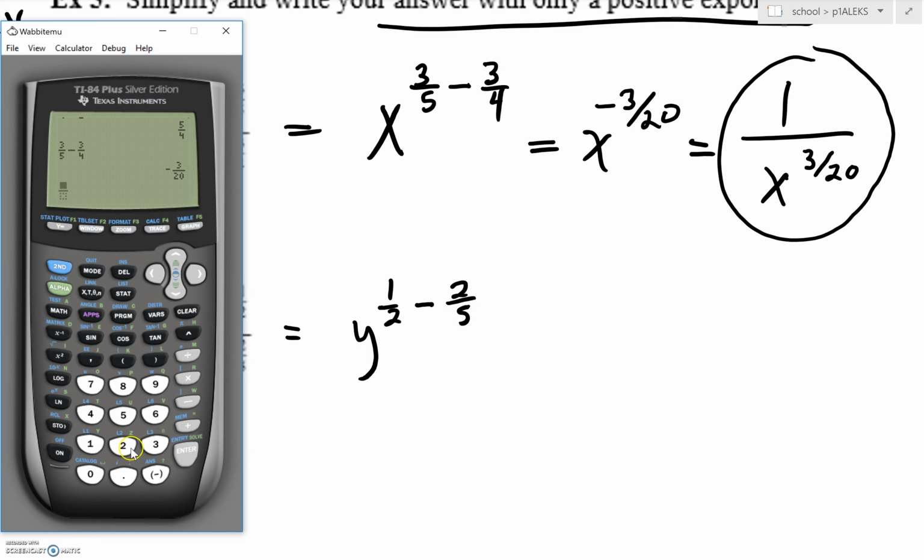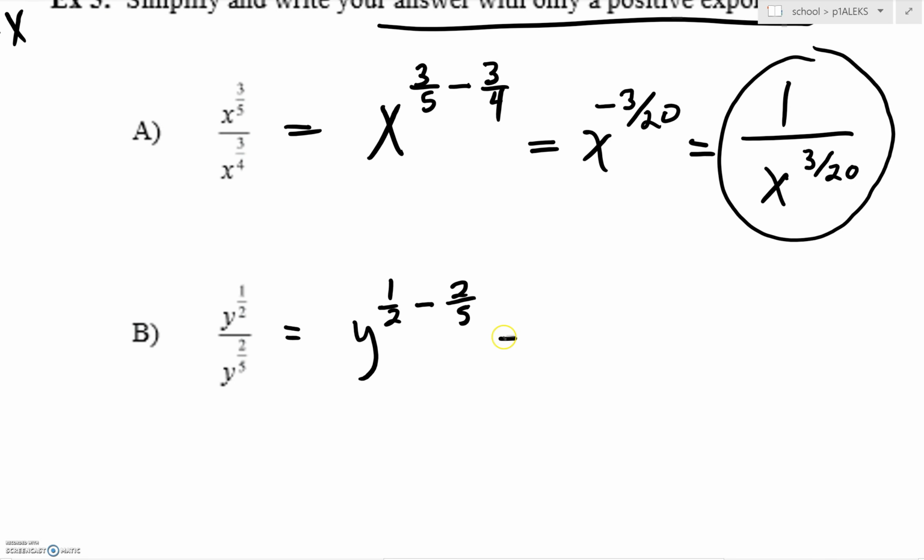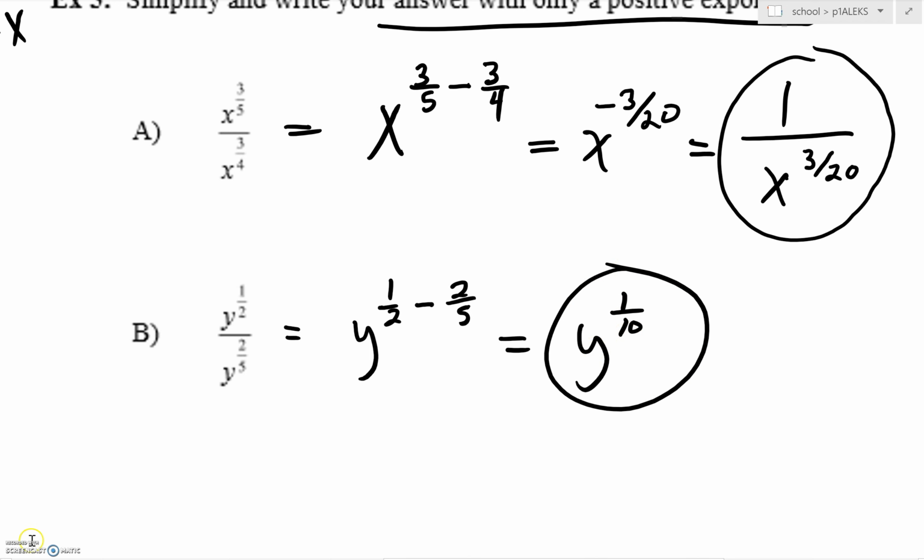Here's our 1/2 minus our 2/5. And you'll get 1/10. You don't take a reciprocal here. You leave it as is, because it has a positive power, and you're done.